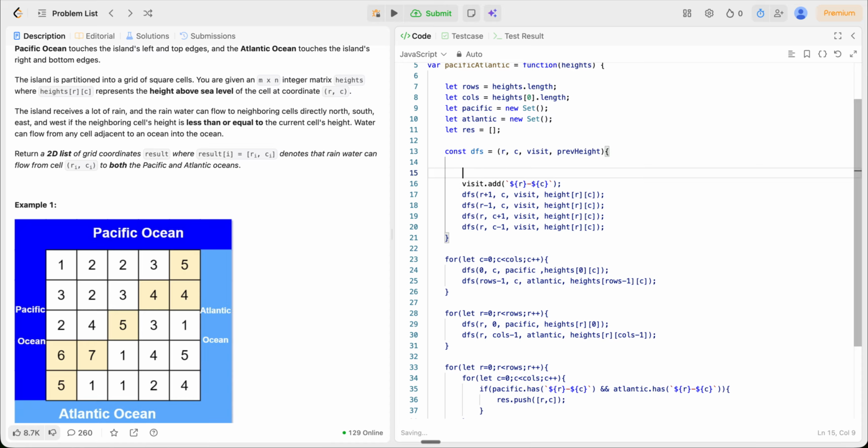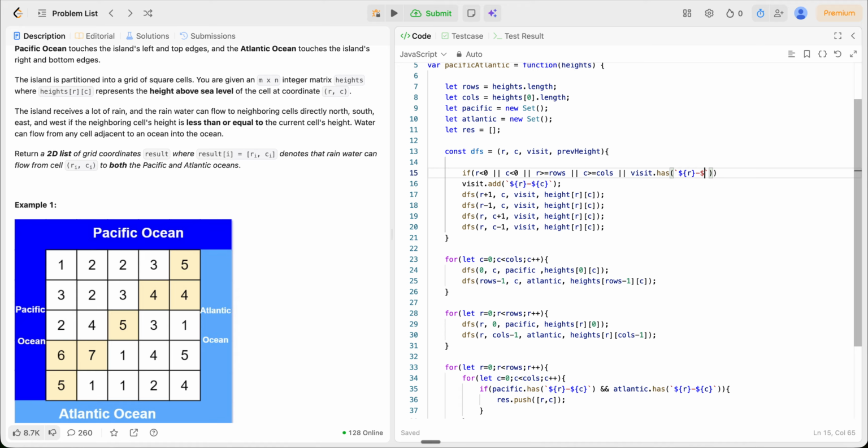And then we have to add our base cases. If row is less than 0, or our column is less than 0, or row is greater than or equal to rows, or column is greater than or equal to columns, or visit.has of the cell, if the cell is already visited, we don't have to revisit it again.